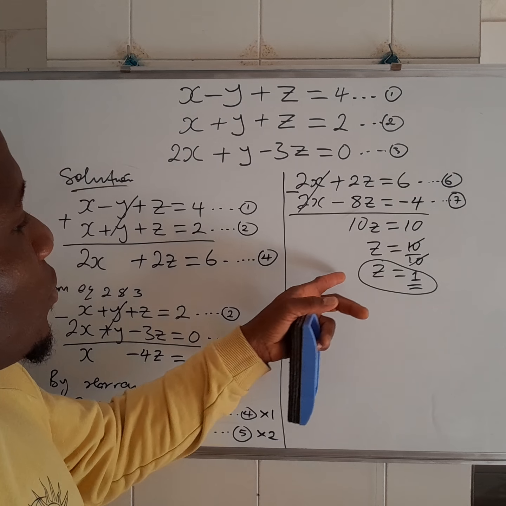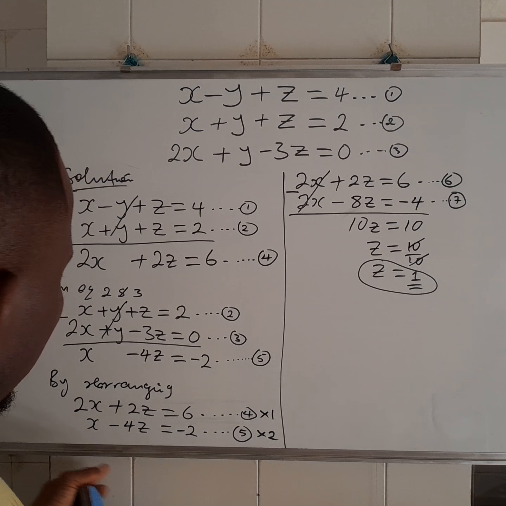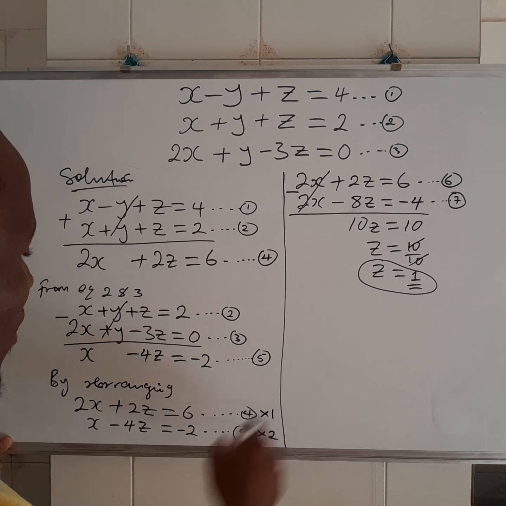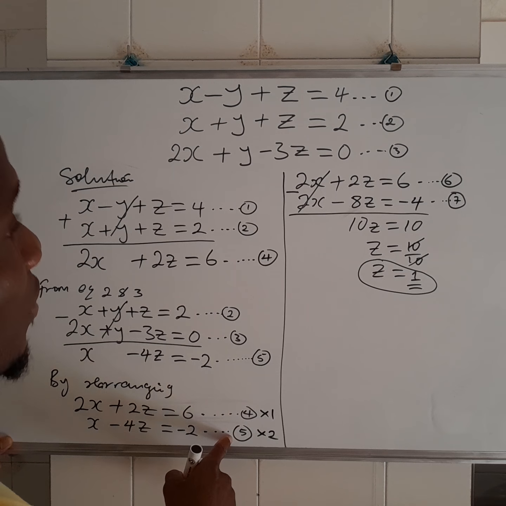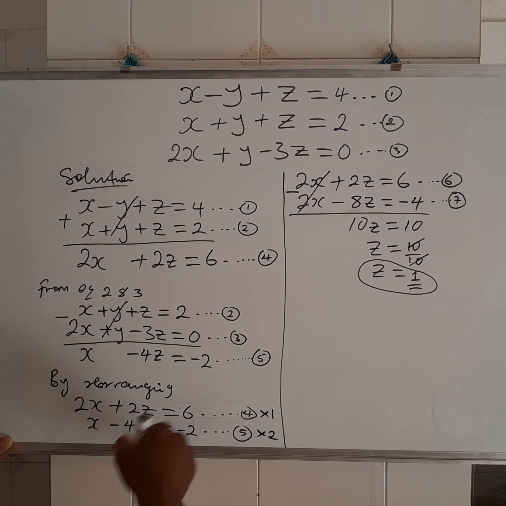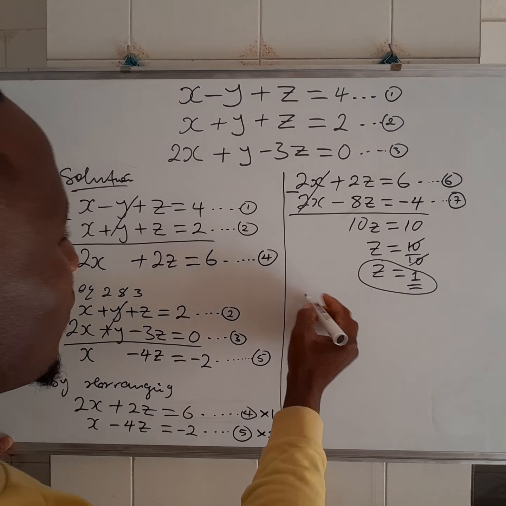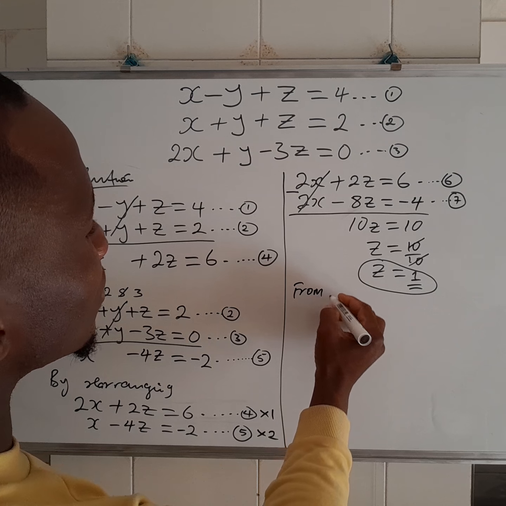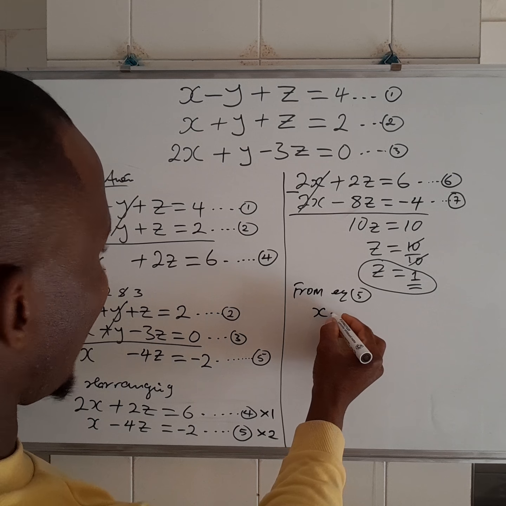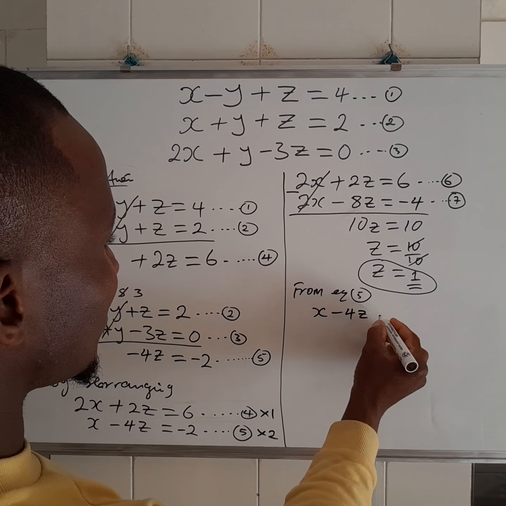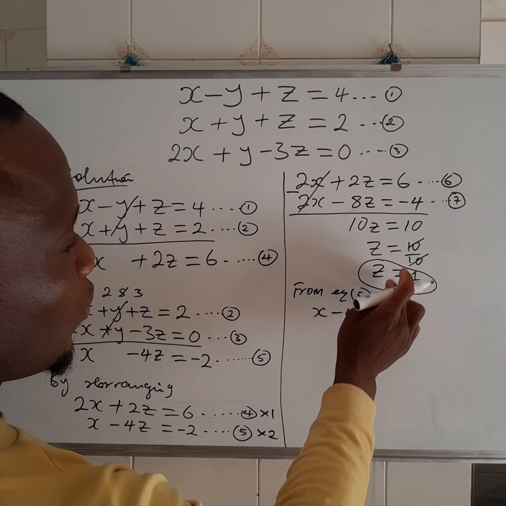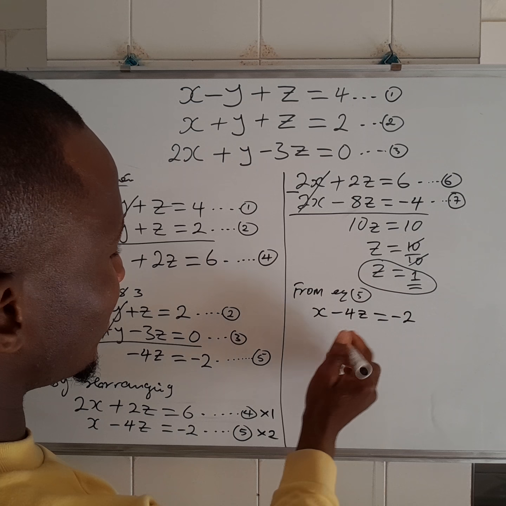So to get the value of x, let us substitute the value of z in any of the equations, either equation 4, 5, 6, or 7. So let us use equation 5. From equation 5, we have x minus 4z equals minus 2. So we put in the value of z into this.